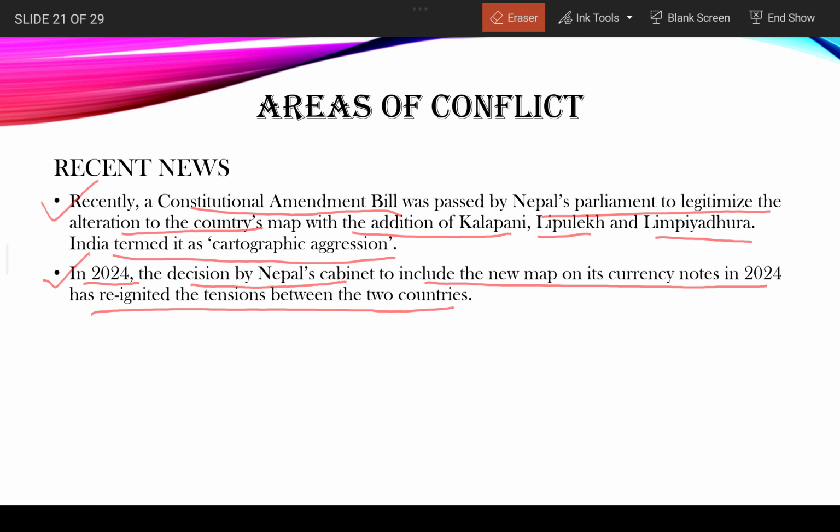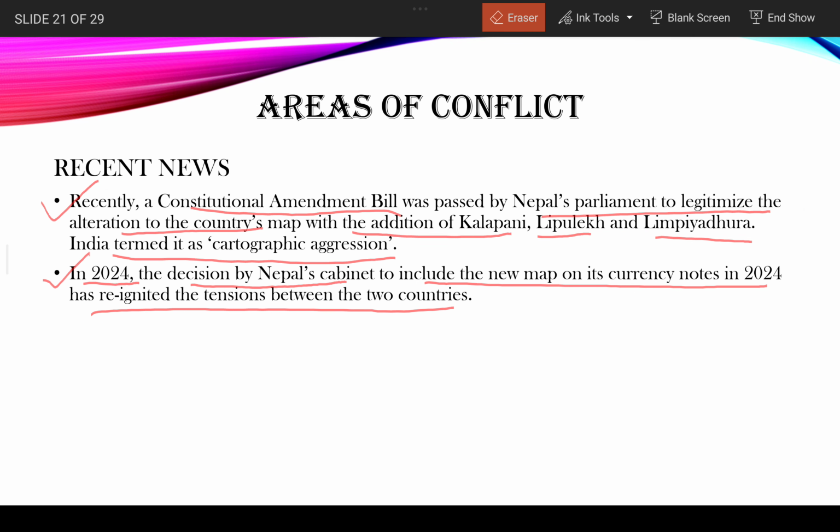So the river Gandak is there, which again acts as a border between India and Nepal. When the Treaty of Sugauli was signed, the region of Susta was on the right bank of the river Gandak.